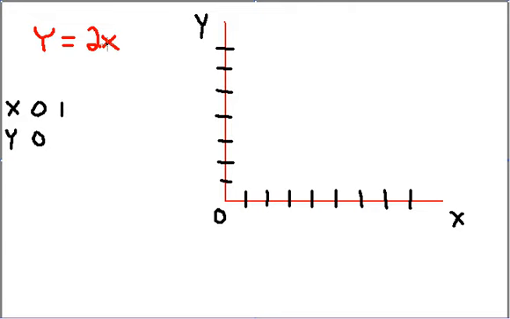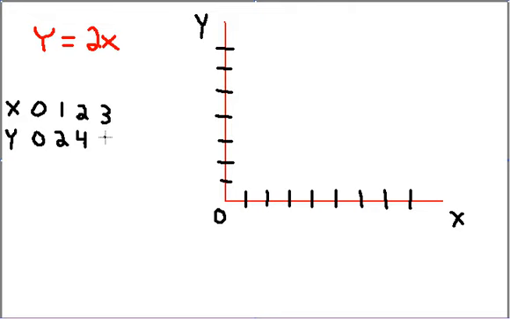When x is 1, what's y? Well, when x is 1, you have 1 times 2. Y is 2 when x is 1. What about when x is 2? Well, x is 2, that would be 2 times 2, that would make y 4. What about when x is 3?